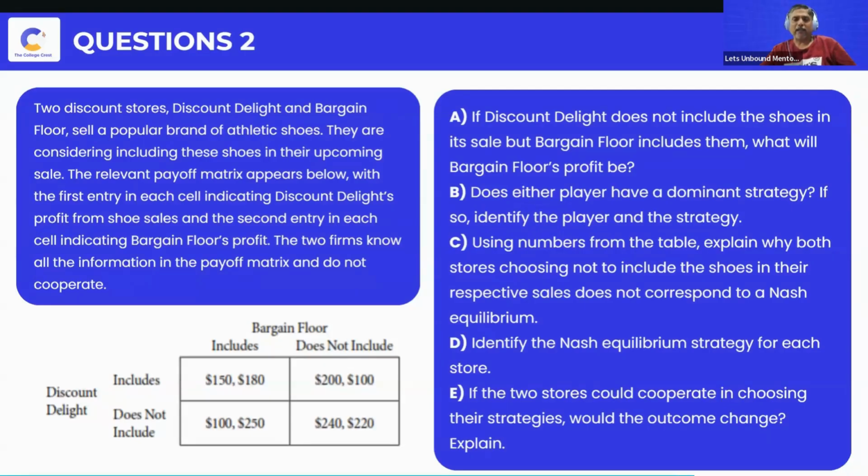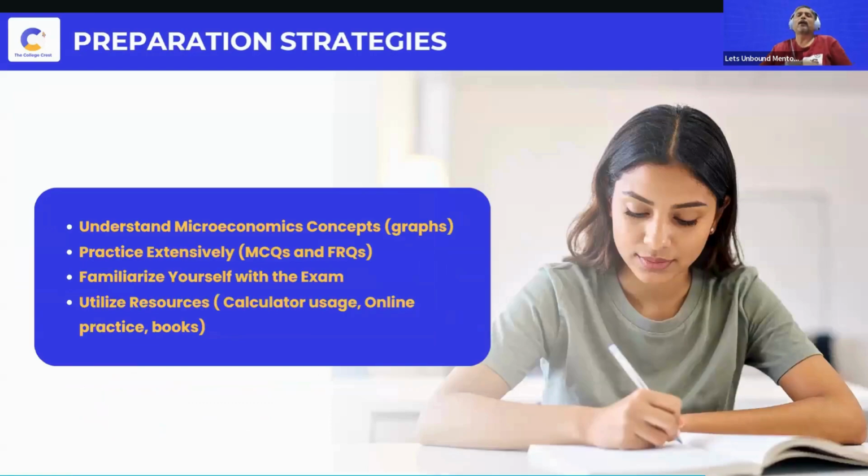Okay, now talking about what scores will help you get, let's say, a 5 on this test. Ideally, out of the 60 MCQs, let's say each MCQ is 1 mark, you have approximately 66 marks for those 60 questions. So you must be scoring at least 45 on the MCQ section.